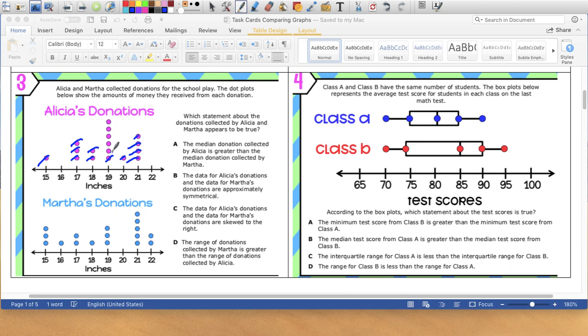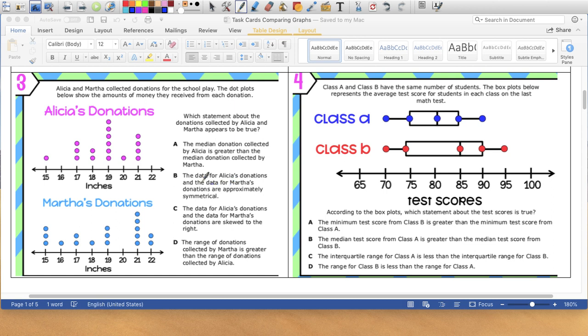One from each side. So the median is going to be 19 over here. And what is the median going to be here? Cross 1 from each side, 1, 1, 1, 1. And the median is the same, so they're not different, okay? So the medians are the same, so that's not true.